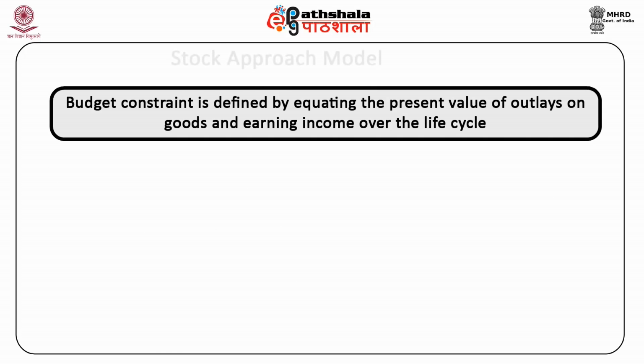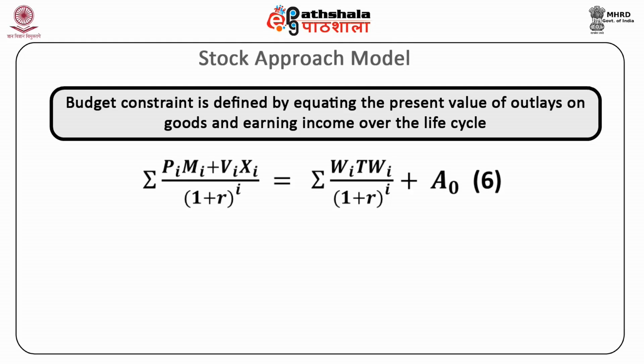The budget constraint is defined by equating the present value of outlays on goods and earning income over the life cycle. Summation of (Pi Mi + Vi Xi)/(1+r)^i = summation of Wi TWi/(1+r)^i + A0, equation 6.